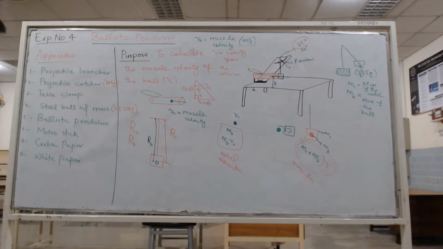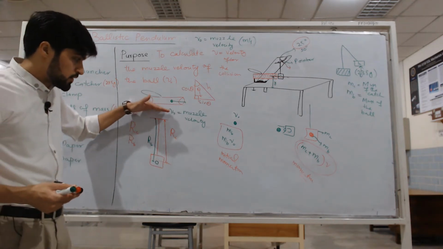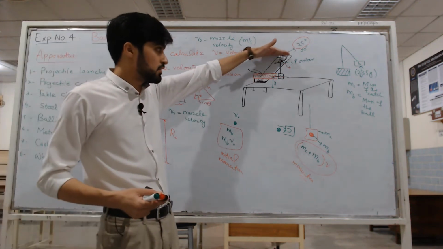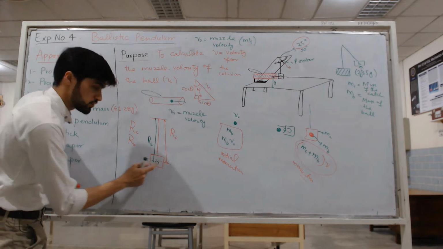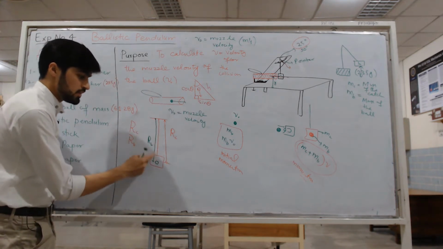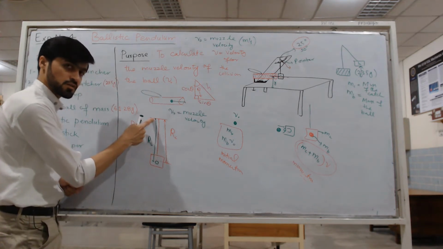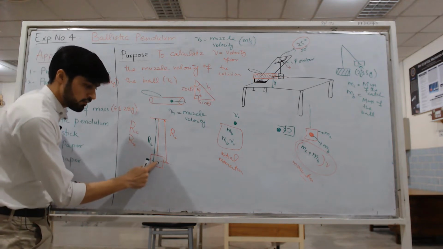So there are two distances. One is the distance from the fixed position to the center of mass of the catcher, RC. And RB is the distance from the fixed position to the center of mass of the ball.